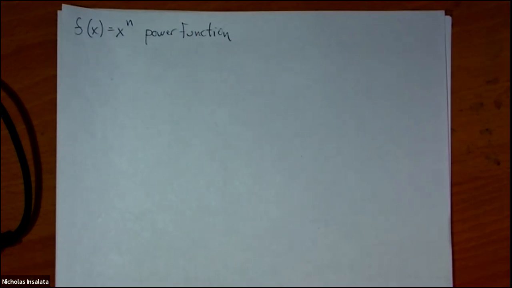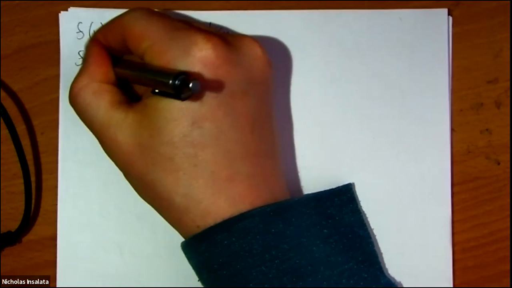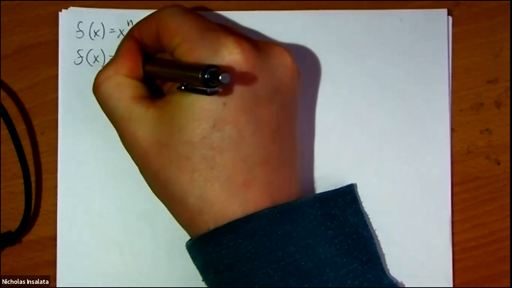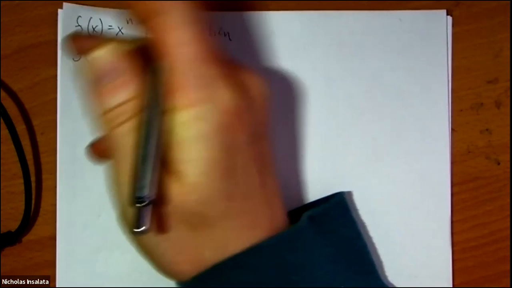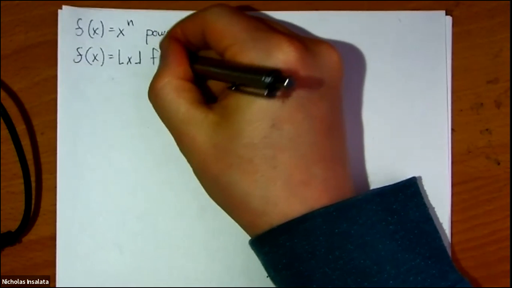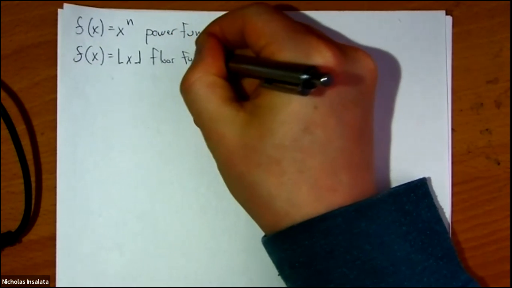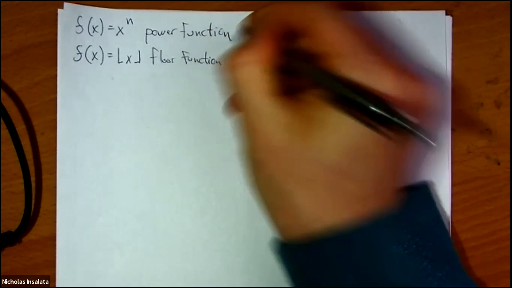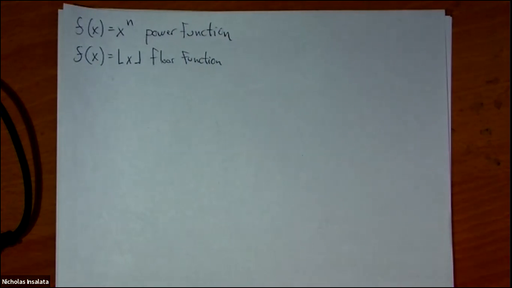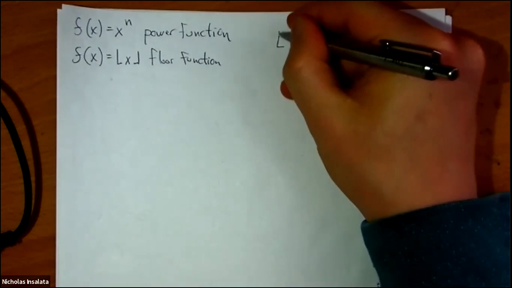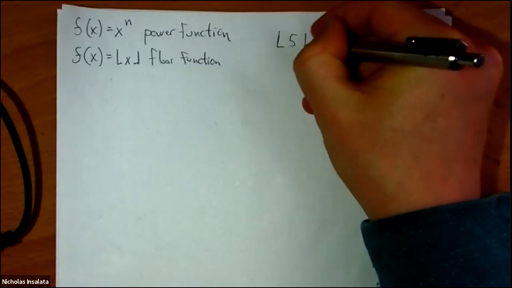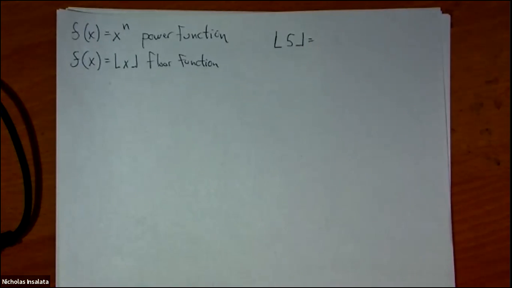Okay. I also mentioned a floor function, which is denoted like this. And just for a little practice here, if f of x is the floor function, what's the floor of 5? Five.